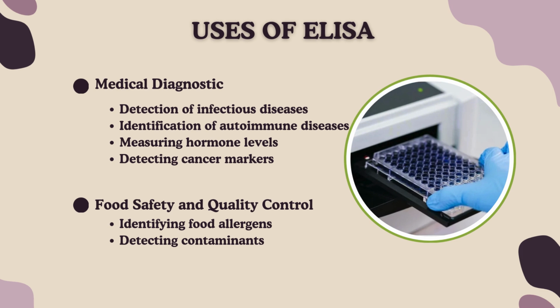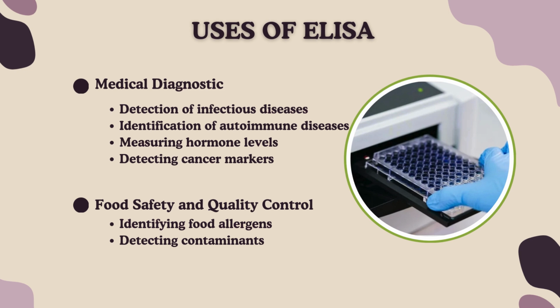So I will explain about 5 main uses of ELISA. Okay, the first point is medical diagnostics. ELISA is widely used in hospitals and laboratories to detect infectious diseases such as HIV, hepatitis, and COVID-19 by identifying specific antibodies or antigens in patient samples.